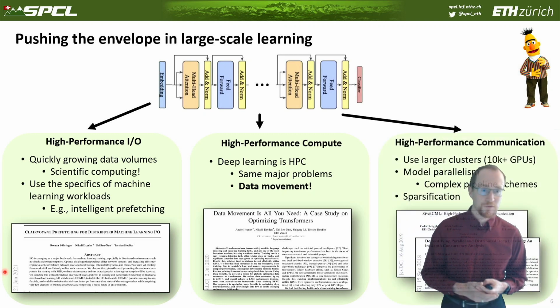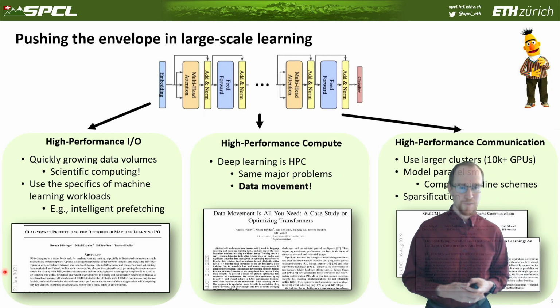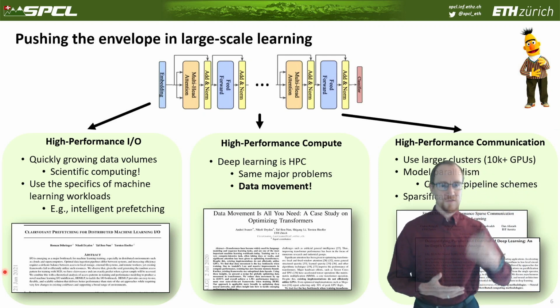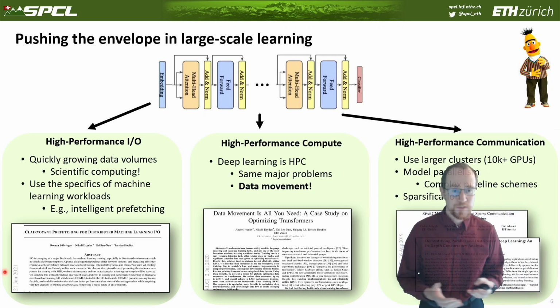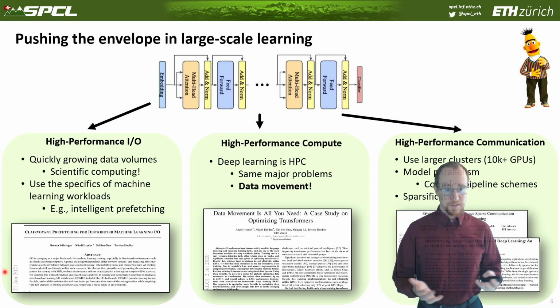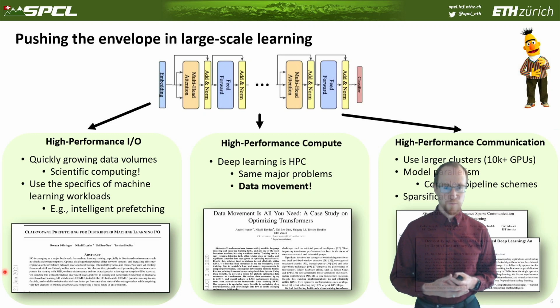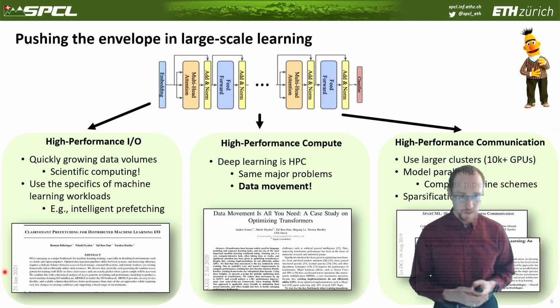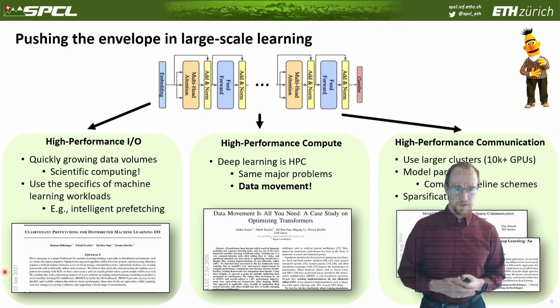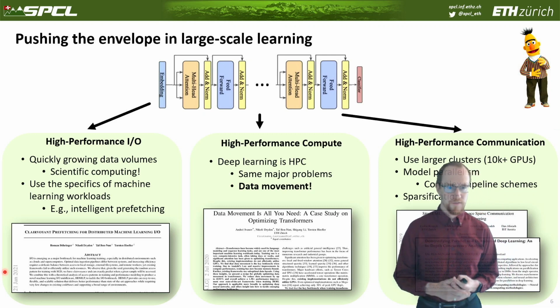The last one, also very dear to an HPC expert's heart, is high performance communication. Of course, now we scale deep learning workloads up to tens of thousands of GPUs, as Microsoft has shown. They deployed a very large cluster for deep learning and publicly announced the $1 billion of support for OpenAI, partially probably implemented with this cluster. So you need to run deep learning workloads in parallel on tens of thousands of GPUs or other accelerators.